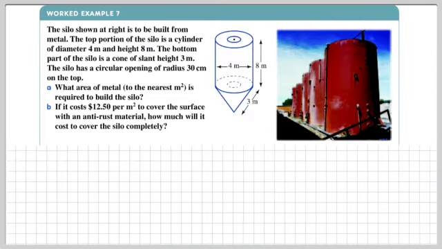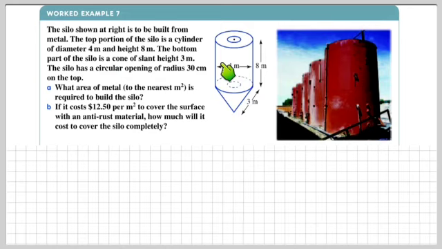Ain't it grand? Now, here's our final question. My goodness. We've got a silo, okay? Something they put wheat in, yes? Or something else in. So the silo shown at right is to be built from metal. The top portion of the silo is a cylinder, that's this bit here, of diameter 4 metres and height 8 metres.